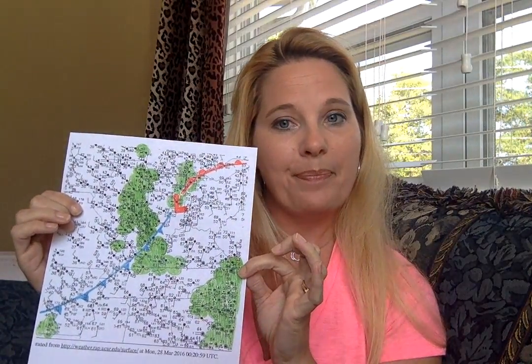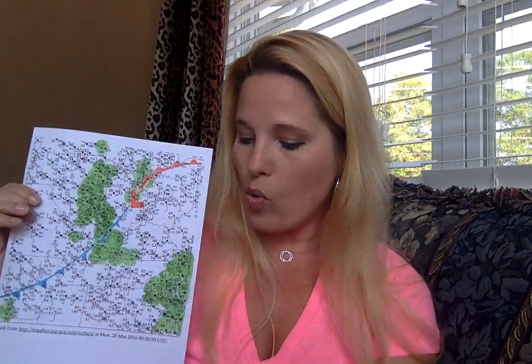But I want to bring out one more point about our isobars. If you will notice in this area, the isobars are close together. Now that is going to tell us that the pressure gradient is changing a lot in a short space.